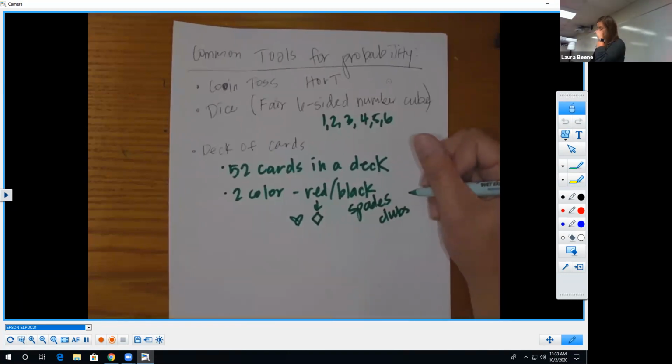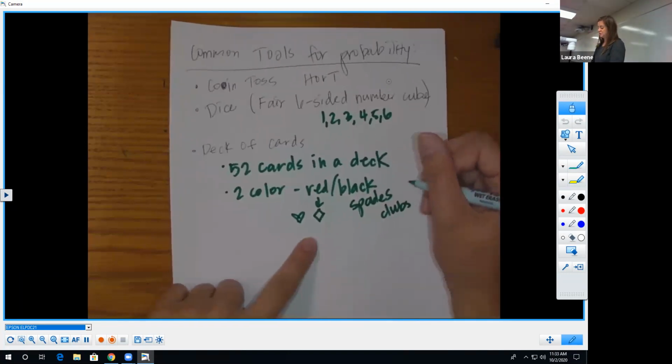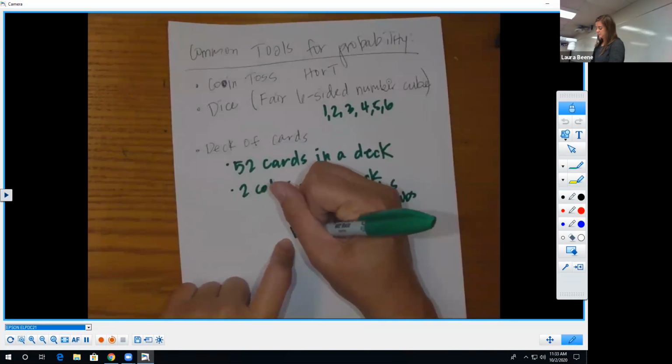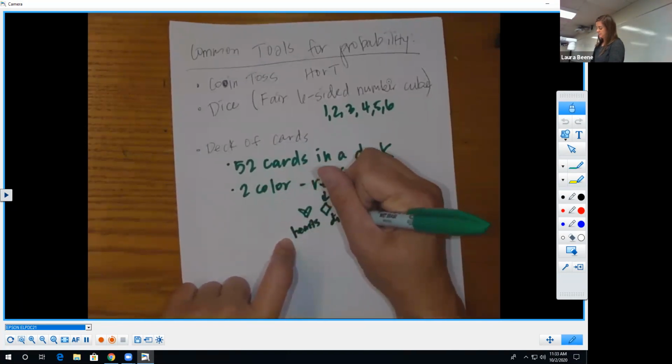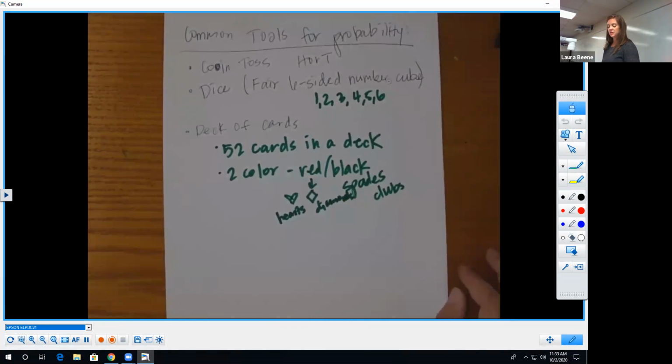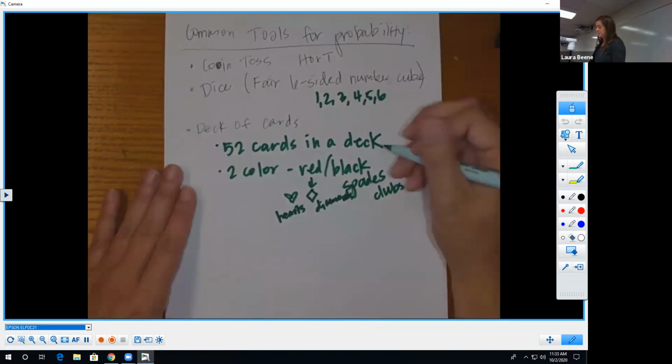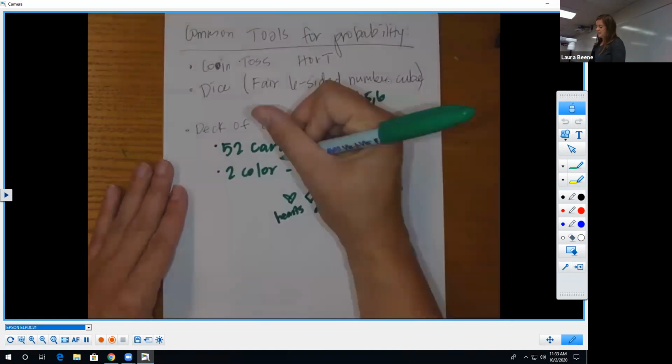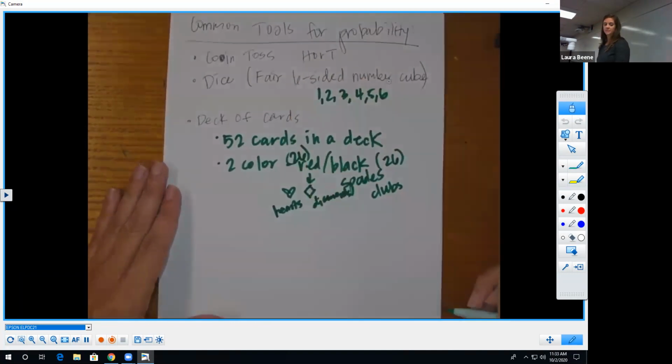I was going to see if I could draw it. I'm not going to try. So this one's hearts or diamonds. Okay, so there's 2 different colors. So that means half of the cards are red, half the cards are black. That means that 26 are black and 26 are red.